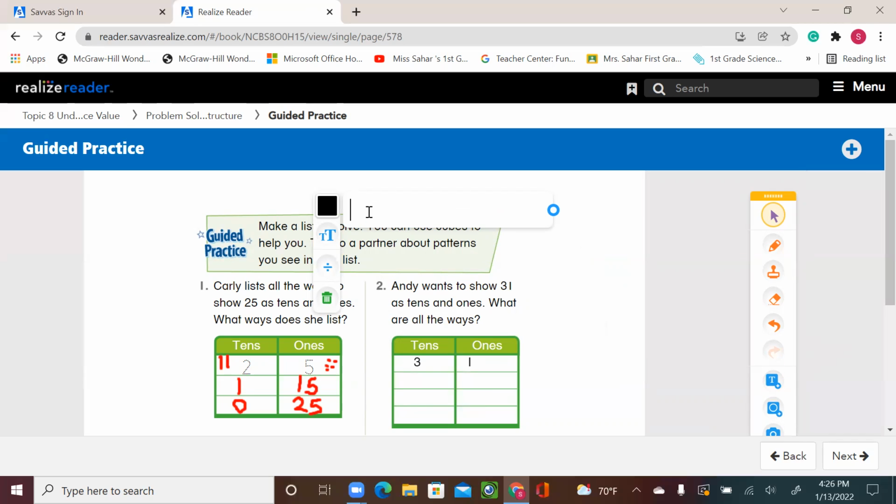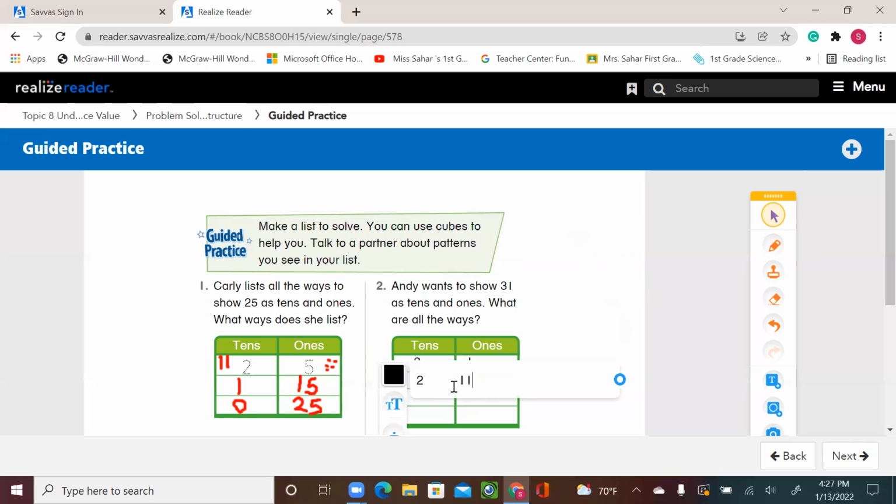So it's going to be 2 tens. And I'm going to have 11 ones. Because I'm going to take this 10, I'm going to take it from the tens and I'm going to add it to the ones. All right. Can I do more? Yeah.